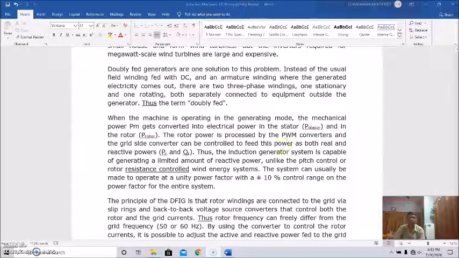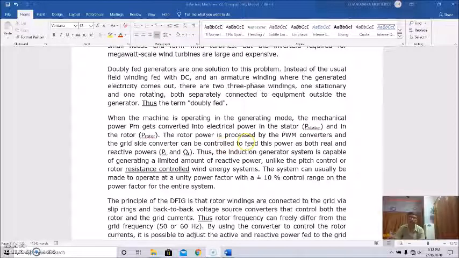When the machine is operating in the generating mode, the mechanical power PM gets converted into electrical power in the stator, that is P stator, and in the rotor, P rotor.